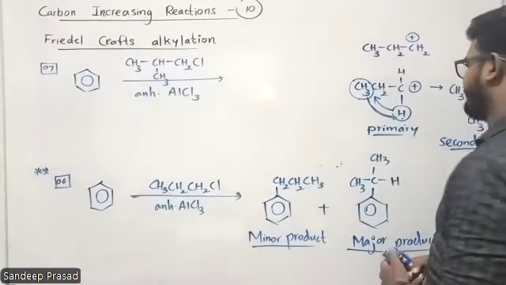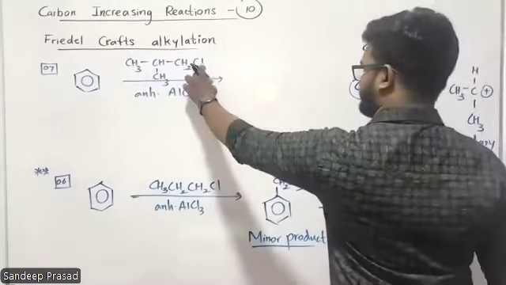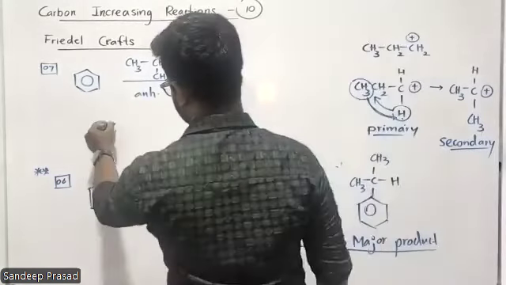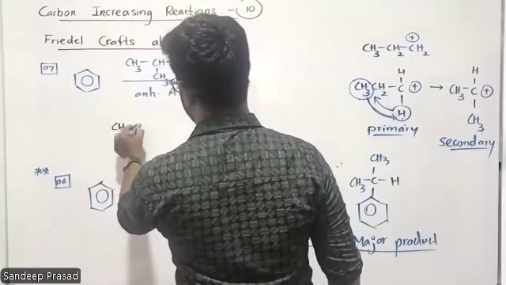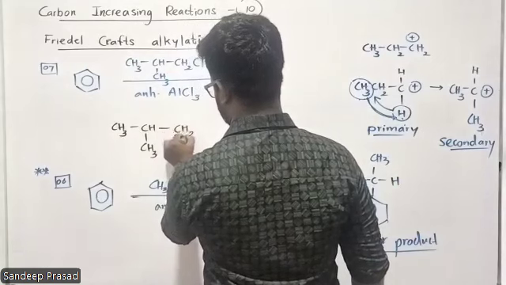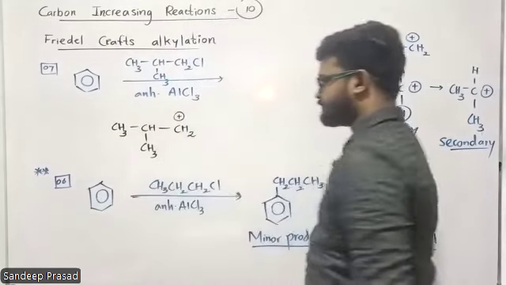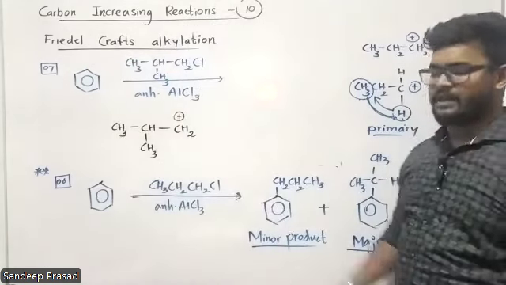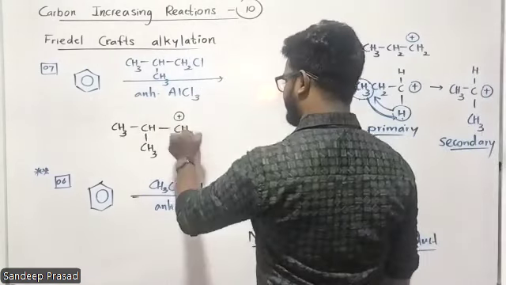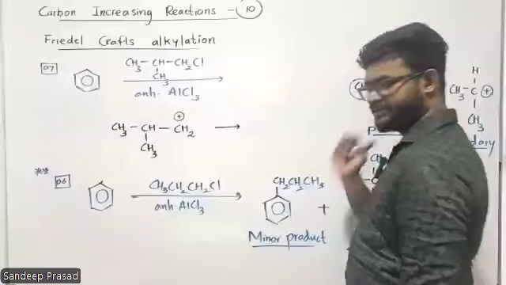Again, remember, look at this one. After removal of this chlorine atom, the carbocation that we have obtained is CH2 plus. So this is a primary carbocation. This primary carbocation can be converted into a tertiary carbocation.